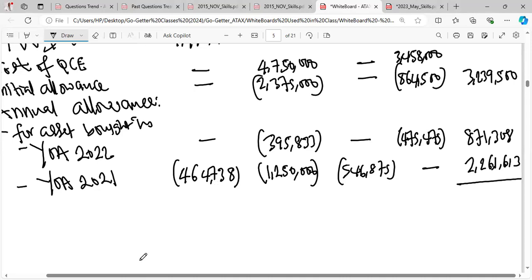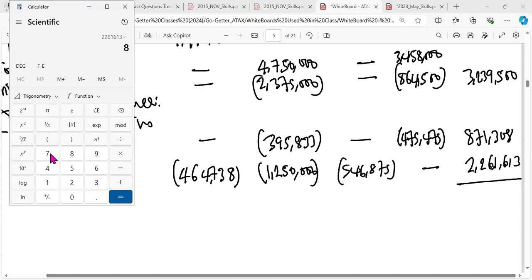We'll now add everything together. I'll now add this 871,308 plus 3,239,500.